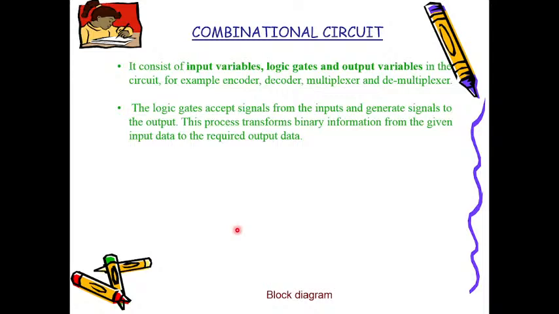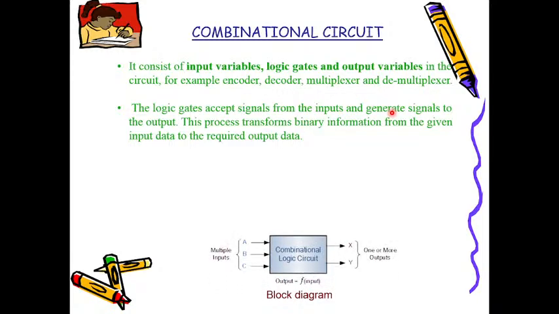So any logic circuit will have input, output and the gates to perform the operations. That is what we have given here. It consists of input variables, logic gates and output variables. Example circuits, as I have discussed already, we have n numbers, but here we have listed a few: encoder, decoder, mux, demux.